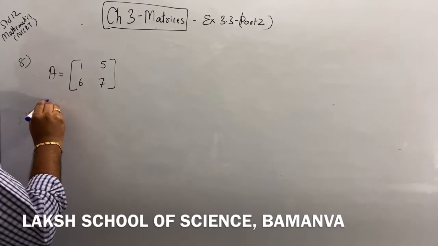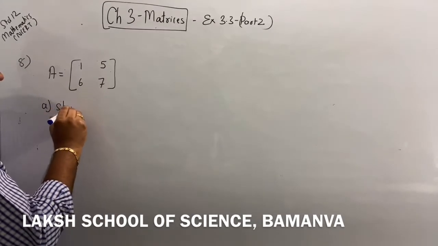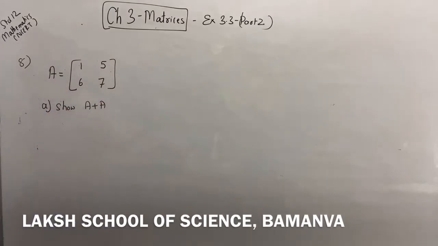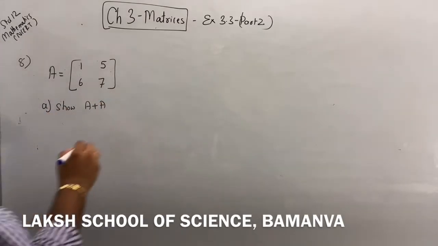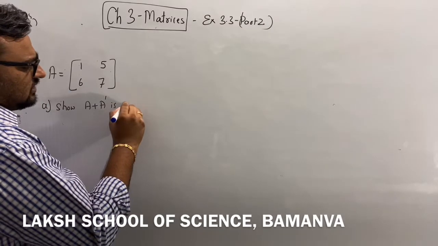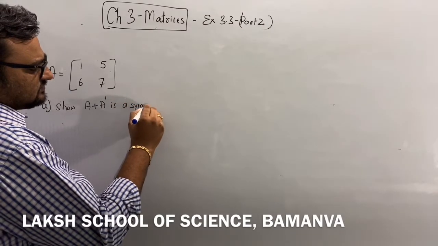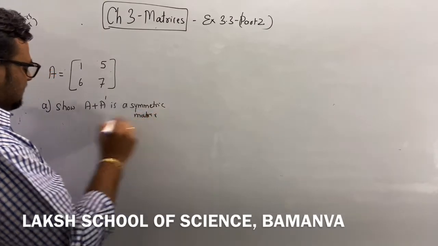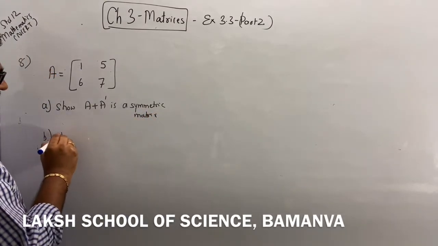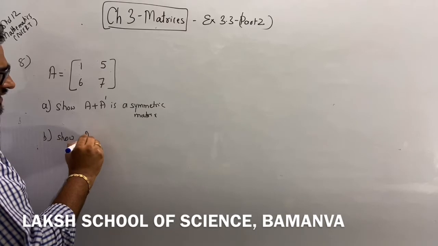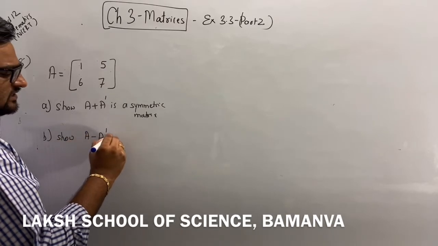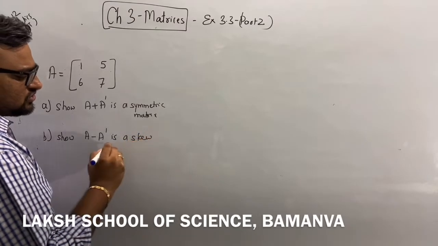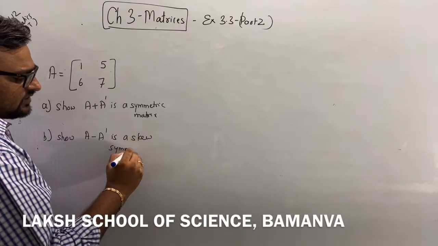In the first part you have to show that A plus A transpose is a symmetric matrix, and in B, you have to show that A minus A transpose is a skew symmetric matrix.